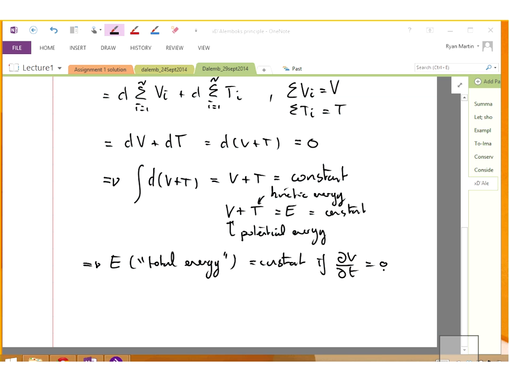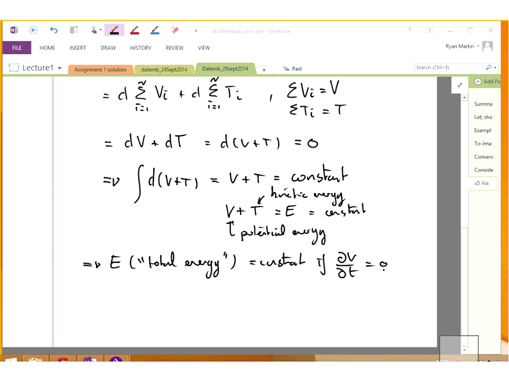And we had to make a mathematical restriction on that, in saying that the potential must not depend explicitly on time. So we found that this potential energy plus this kinetic energy is a constant if the potential doesn't depend on time. So, think about it, right? If you have a particle moving around in gravity, you know that energy is conserved.